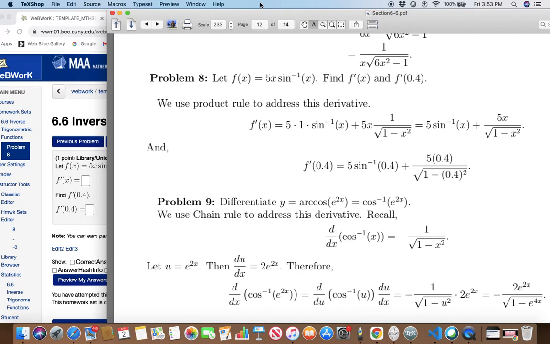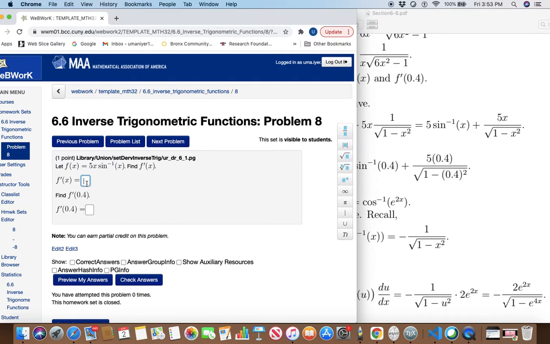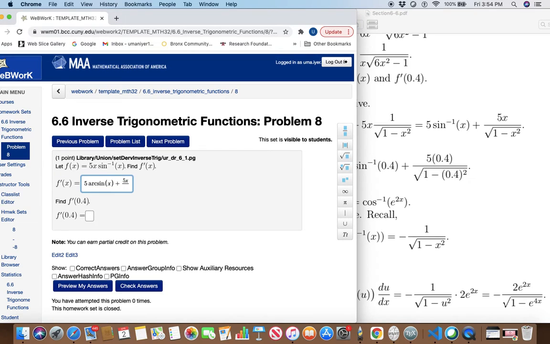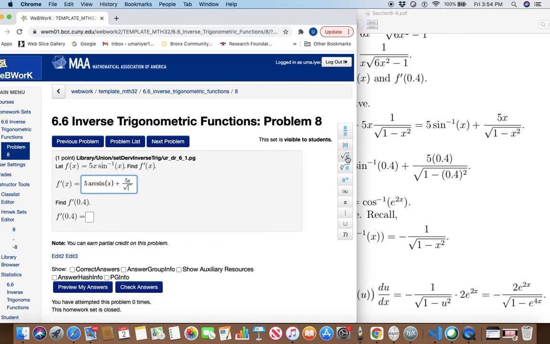So let me write down this expression for the derivative and then evaluate it. So 5 arc sine of x plus 5x divided by square root 1 minus x squared.